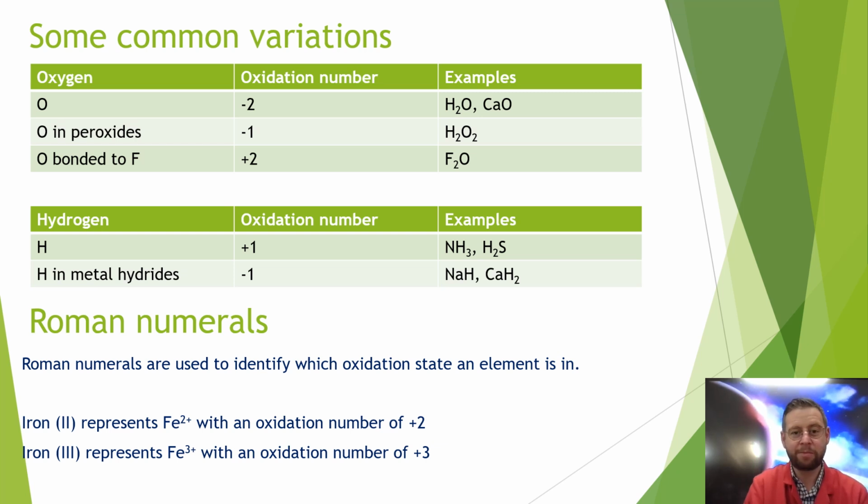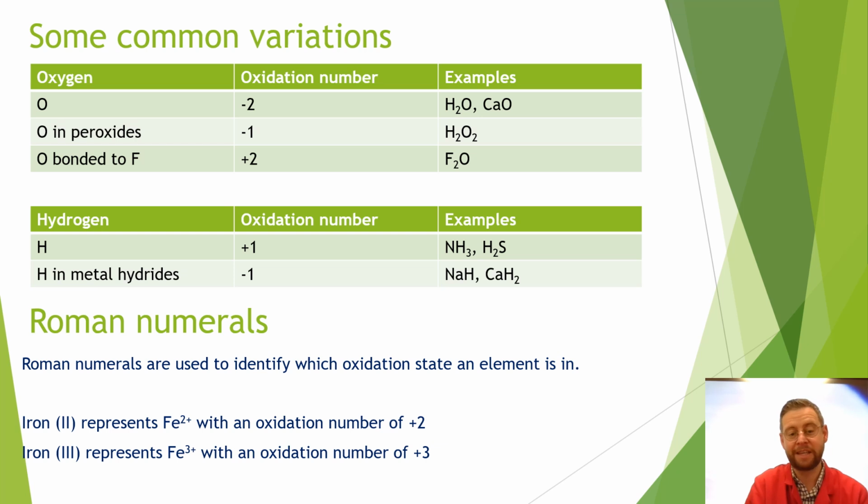Now, to understand which of these oxidation numbers we are talking about in any given chemical, we use Roman numerals in the name. For example, if we were talking about iron being Fe2+, with the oxidation number of +2, then we would use the Roman numeral 2, iron 2. And it's the same for iron 3, representing Fe3+, with an oxidation number of +3.